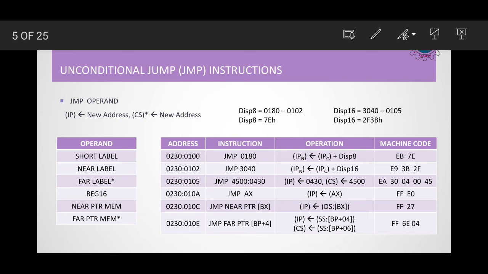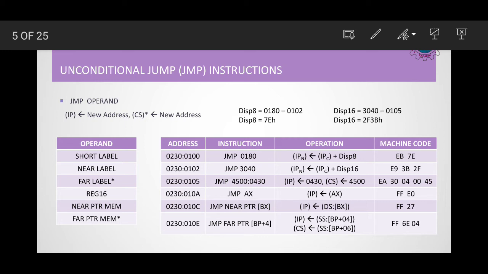The next instruction address will be 105, so we subtract 105 from 3040 to calculate the displacement. The displacement will be 2F3B. The opcode for near type of jump is E9, and we store the displacement in 2 bytes. The lower byte for displacement is 3B, the higher byte for displacement is 2F.